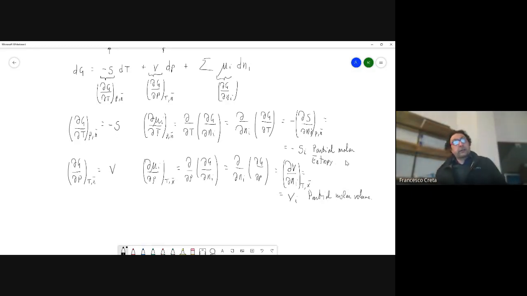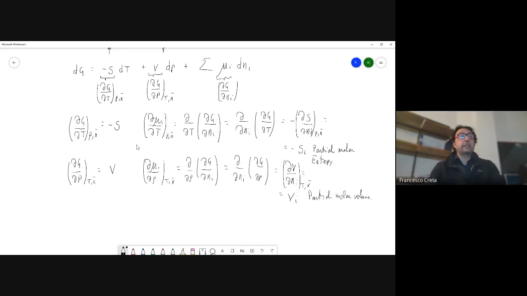Which is not necessarily trivial, because remember, it could be that the volume changes differently from when you add 1 mole of I, for example, to the pure species I. In general, this is not true for a perfect gas. We will prove this.